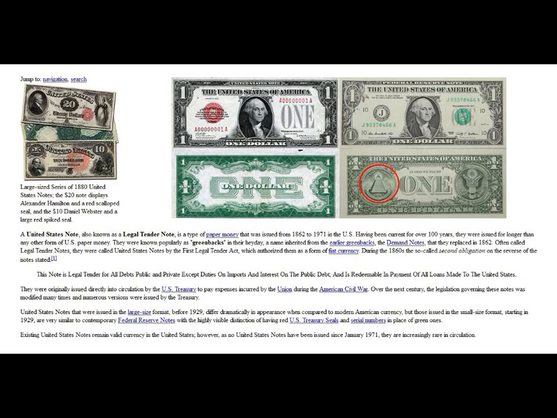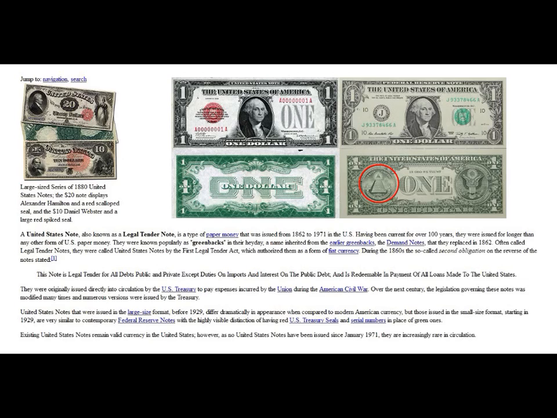They were known popularly as greenbacks in their heyday, a name inherited from the earlier greenbacks, the demand notes, that they replaced in 1862. Often called legal tender notes, they were called United States notes by the first Legal Tender Act, which authorized them as a form of fiat currency. So it admits that it's fiat currency.